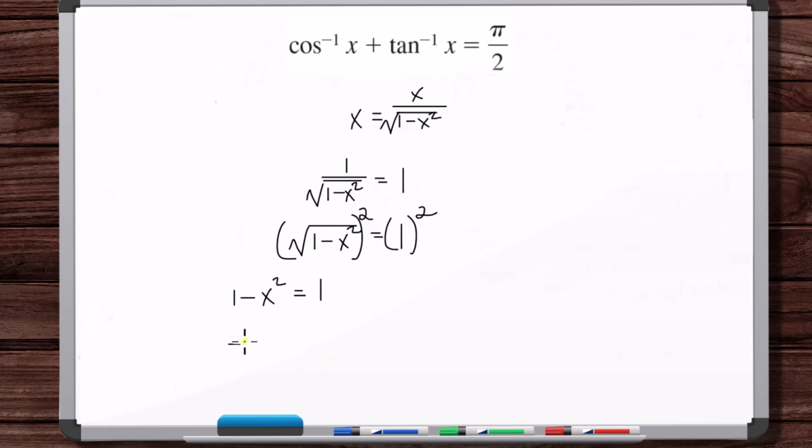Subtract 1 from both sides. Multiply both sides by minus 1. Take the square root of both sides. We don't need the square root property, so x is equal to 0. Now we need to check our solutions with radical equations. So yeah, 0, and then you have 0 over 1. So okay, that's the solution.